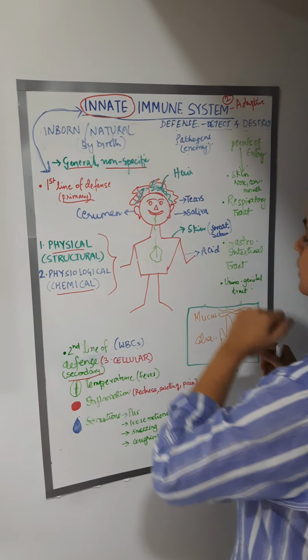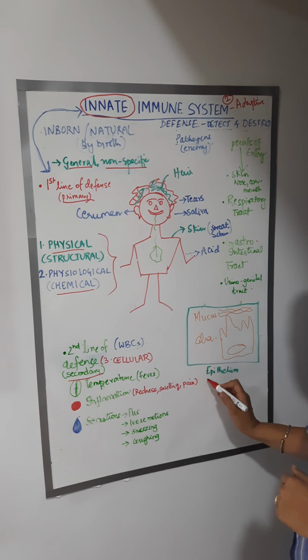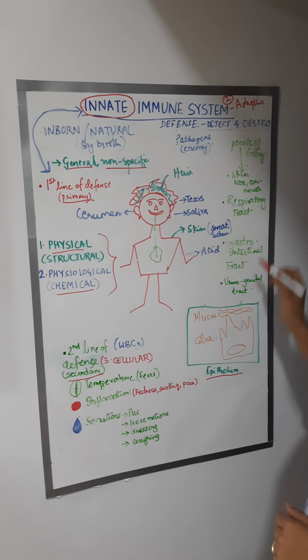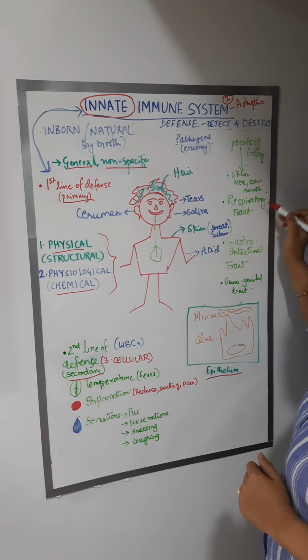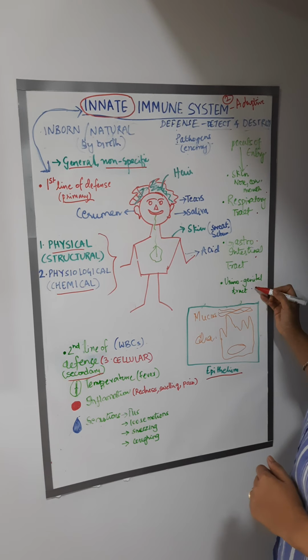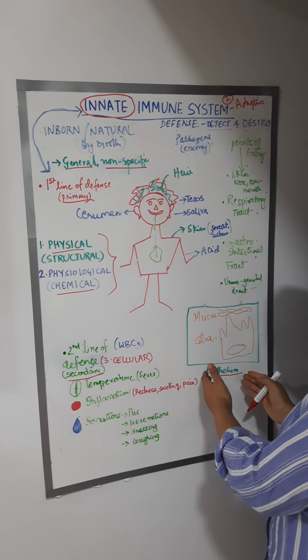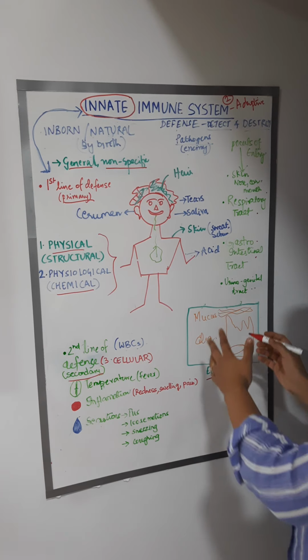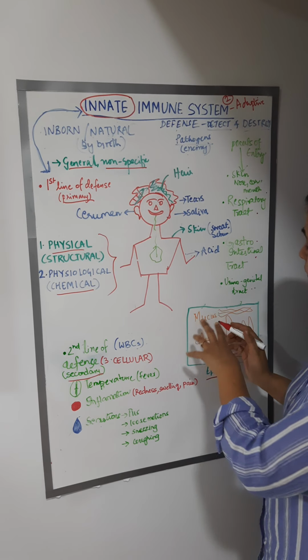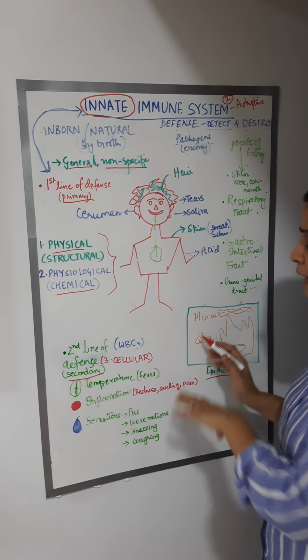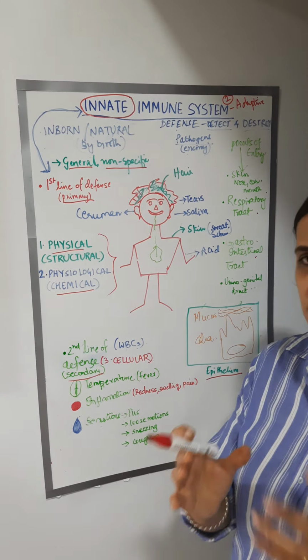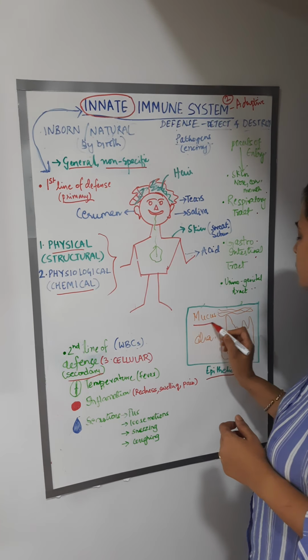The third physical barrier is the epithelium. The cells lining these entry points, the respiratory tract, the gastrointestinal tract, or the urinogenital tract, the epithelial cells, have a layer of slimy and sticky, very viscous fluid outside them, which is called mucus.